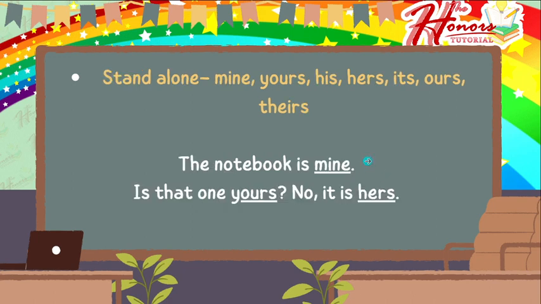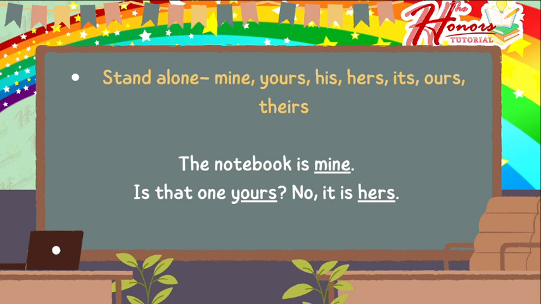Next, just like what I said, there are also possessive pronouns which can stand alone. The examples are mine, yours, his, hers, its, ours, and theirs. With these possessive pronouns, we don't need another noun in order to show ownership or possession because they can stand alone.